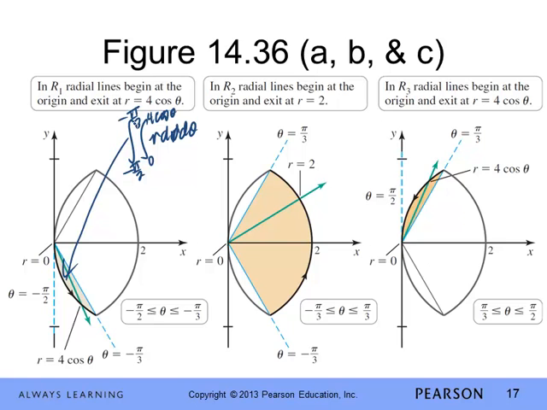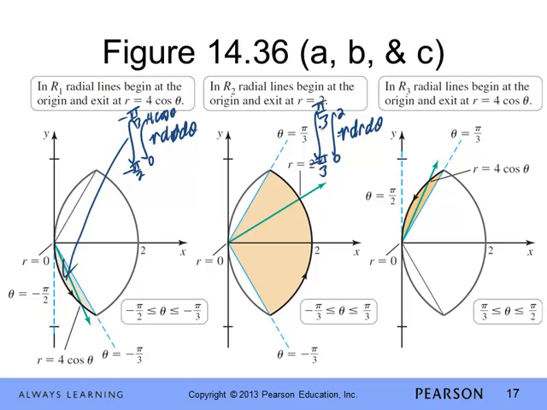And then you get this region right here, where you're integrating the function r equals 2 from negative pi over 3 to positive pi over 3. So write a small integral here: r goes from 0 to 2, theta goes from negative pi over 3 to positive pi over 3.